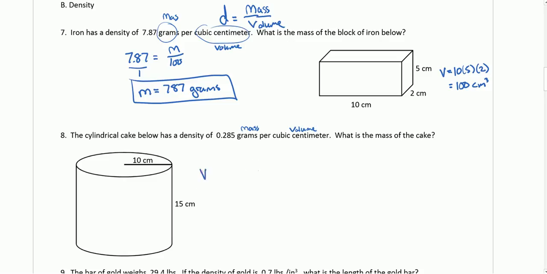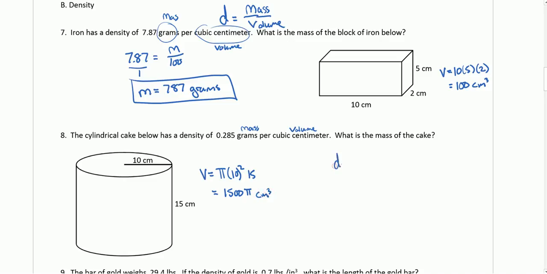So let's find the volume of this cake, which is the area of the base, so pi r squared, times the height. So 10 squared is 100, so we have 1500 pi cubic centimeters.